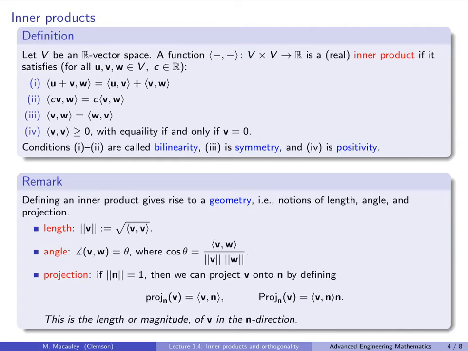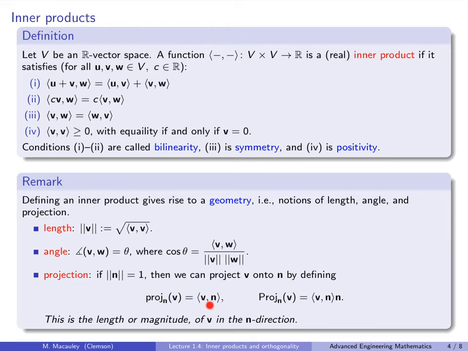Finally, we have a notion of projection. If n is a normal vector or a unit vector, meaning it has norm 1, using this definition of norm defined above, then we can project any vector v onto n by defining the following. Here I've split it up into two parts. Lowercase proj, projection of v onto n, I'm going to say is just the inner product v dot n.